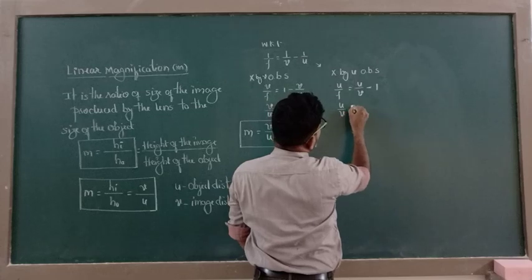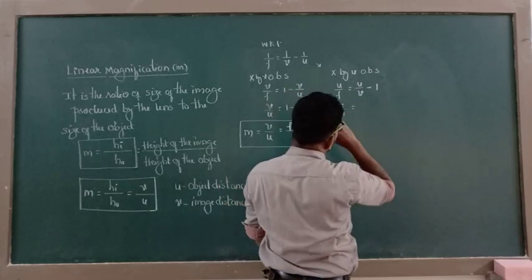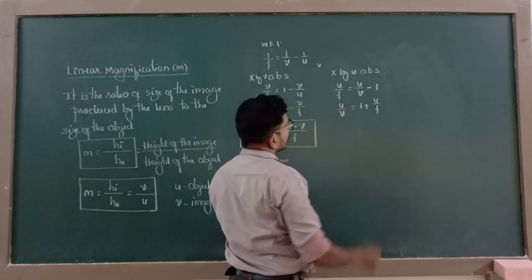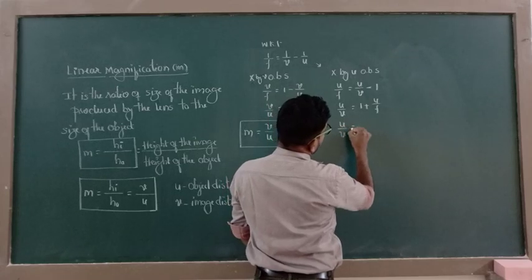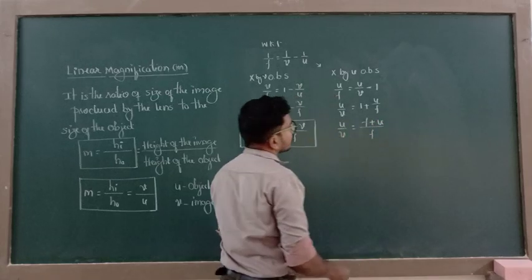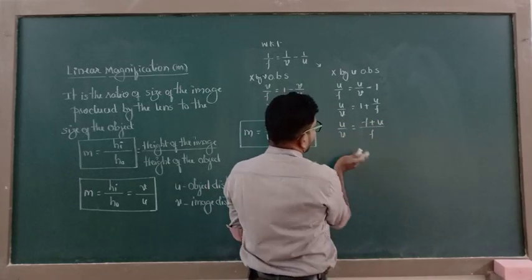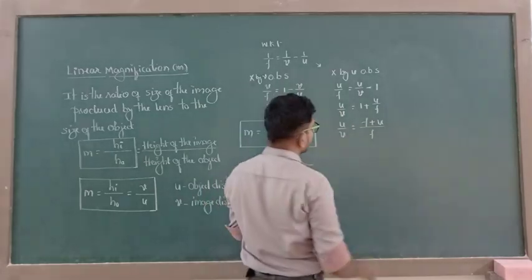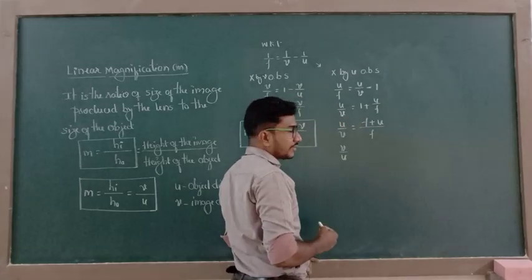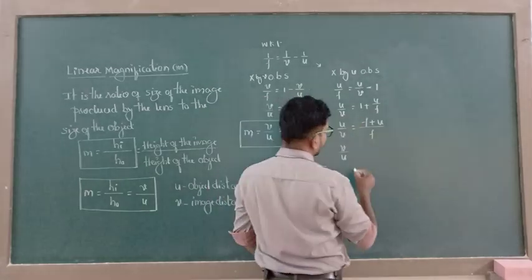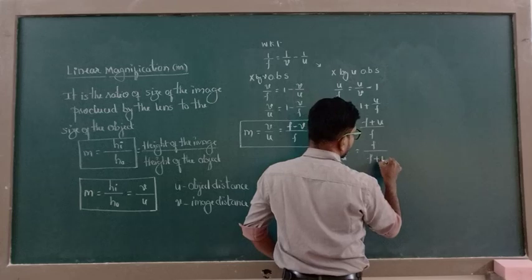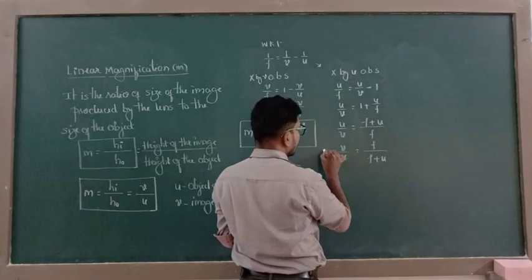U by V is equal to 1 plus U by F. U by V is equal to F plus U divided by F, by taking LCM. Then take the reciprocal of this equation, V by U, because V by U is linear magnification, not U by V. Therefore V by U is equal to F divided by F plus U. So this is nothing but linear magnification.